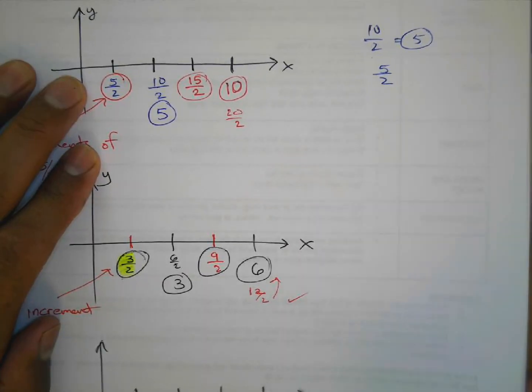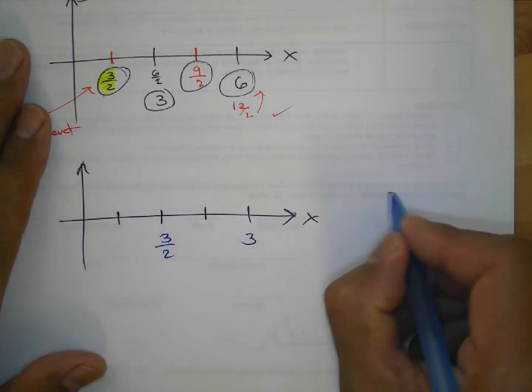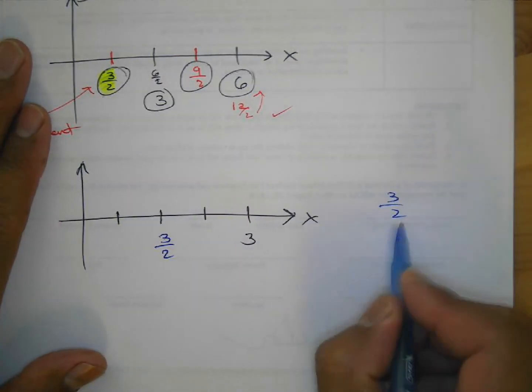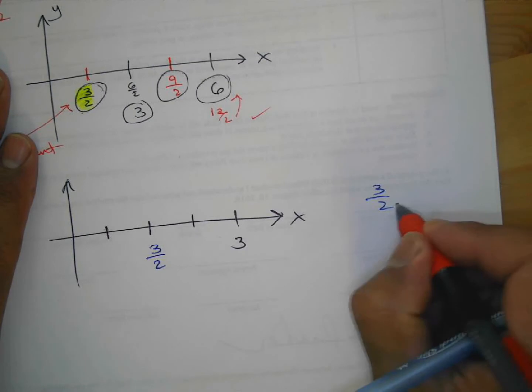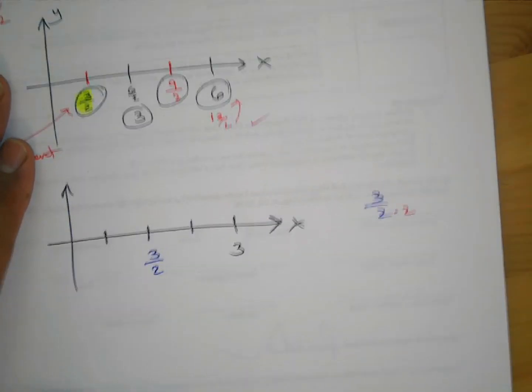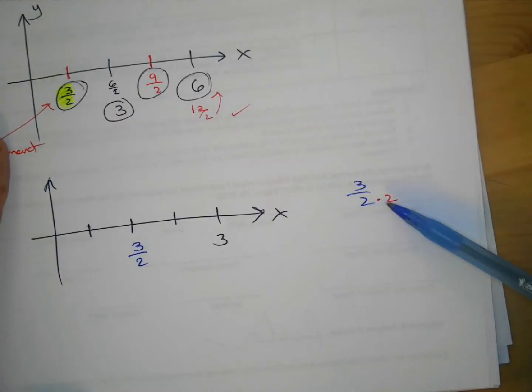But when you already have a fraction, when you already have a denominator, 3 over 2, and you're going to divide it by 2, well, there's already a number down here. Since you know the 2 goes on the bottom, you just multiply that 2. When you divide by 2, you get a 2 in the bottom. This one already has a 2 in the bottom.